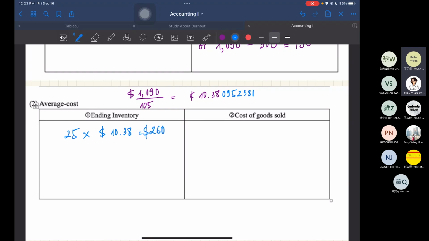Is it correct? Yes. Okay, so 80 times 10.38. So that will be equal, but this one will be higher. 360. Or you can take 100 minus 4, 36, and then we got 230, right?